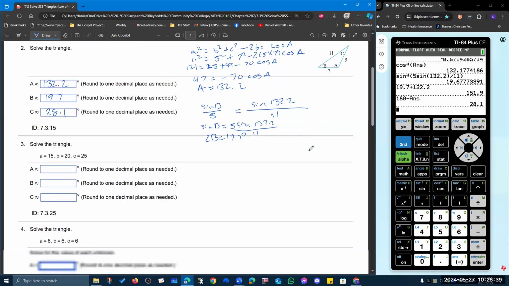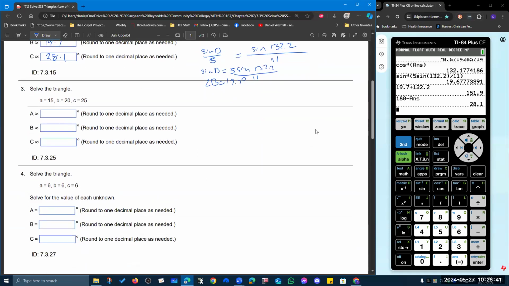Let's move on to the next problem. A, B, C. And C is 25. B is 20. A is 15.